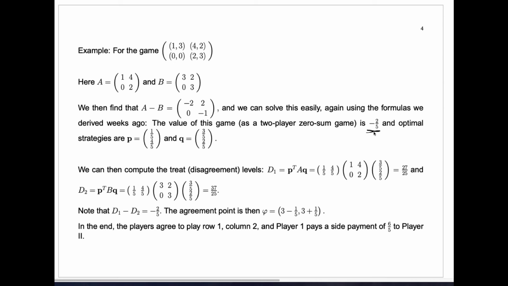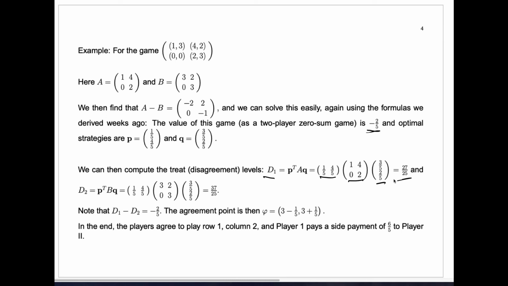Well, we can now compute the threat levels, the disagreement levels. D1 for player 1 is just the expected return for player 1 in this game when both players are playing these optimal strategies, in this game A minus B. And we can compute that as just P transpose AQ, which is P transpose times the matrix A times Q. You can easily do that computation. I'll leave that to you.